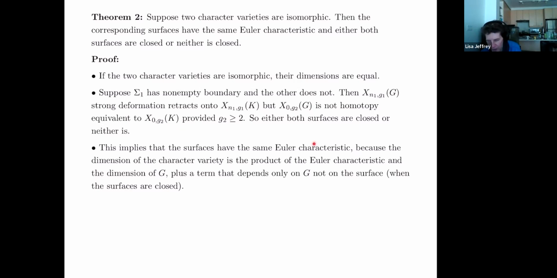This implies that the surfaces have the same Euler characteristic because the dimension of the character variety is the product of the Euler characteristic and the dimension of G, plus a term that depends only on G and not on the surface. So that's basically how that goes.